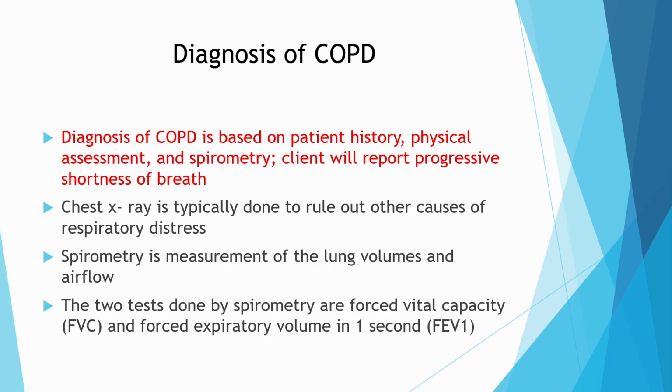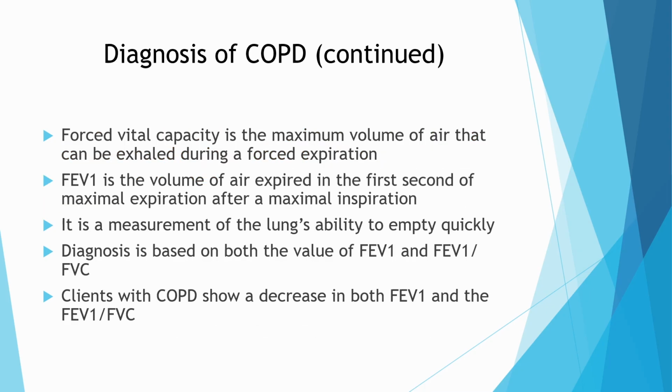Spirometry is measurement of the lung volumes and airflow. There are two tests done by spirometry, and they are forced vital capacity, which we call FVC, and then the forced expiratory volume in 1 second, and that is the FEV1.